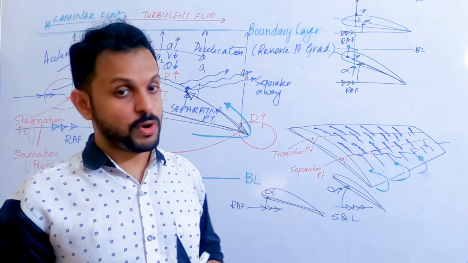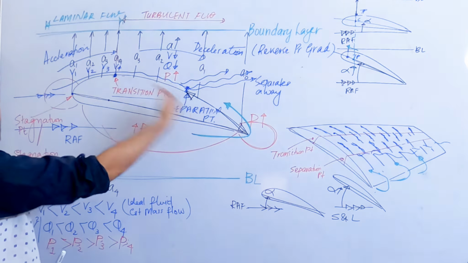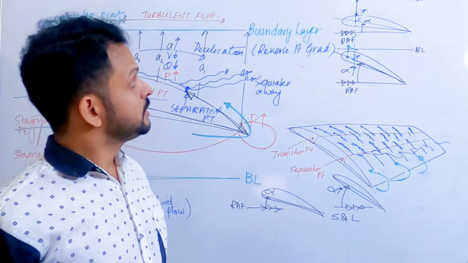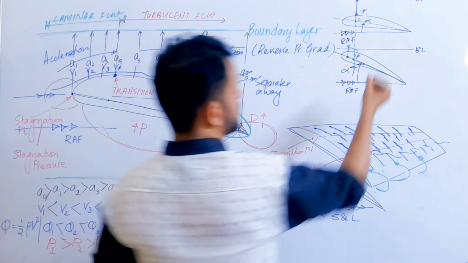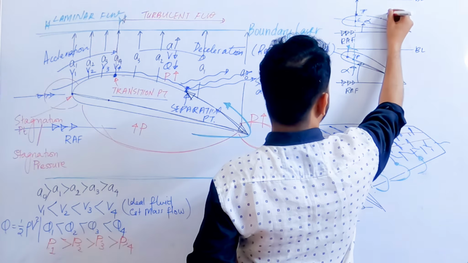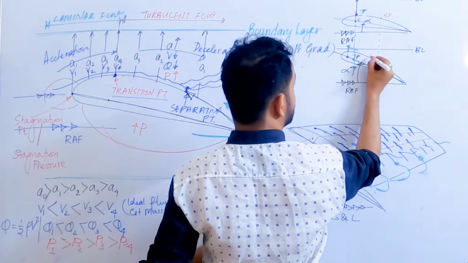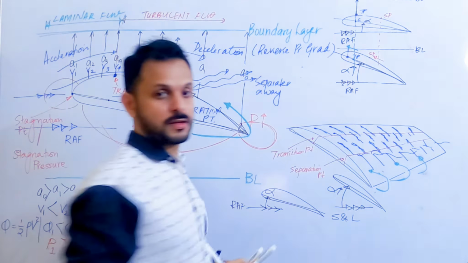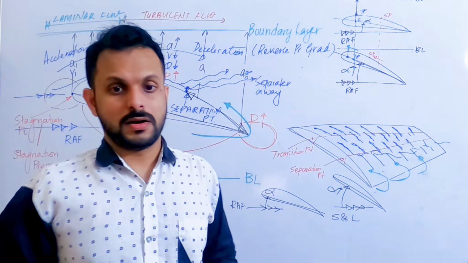As the transition point moves closer to the leading edge, what happens to the separation point? That is also going to move closer to the leading edge because it follows the other, right? So if the separation point, say for example, was here, I'm going to use SP for separation point. The separation point here will be moving more towards the leading edge. Thereby, what we explained earlier happens.